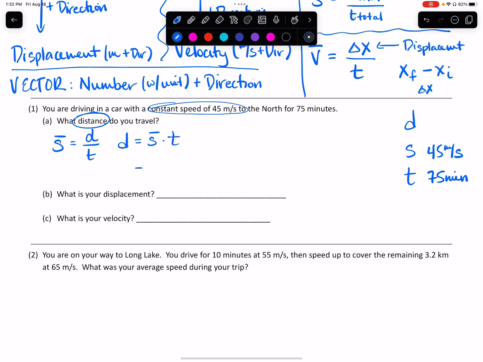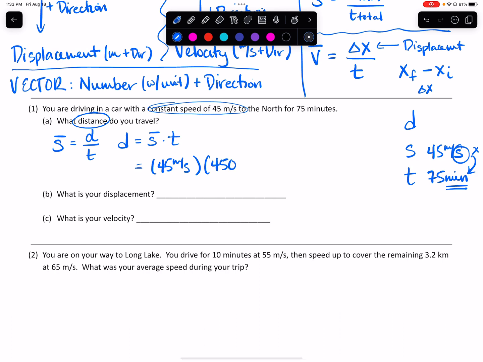I plug in my speed, 45 meters per second, and when I go to plug in my time, I hopefully notice that my units do not match. I've got seconds in my speed value and minutes for my time, so I need to make a conversion. Remember, to go from minutes to seconds, I multiply by 60.